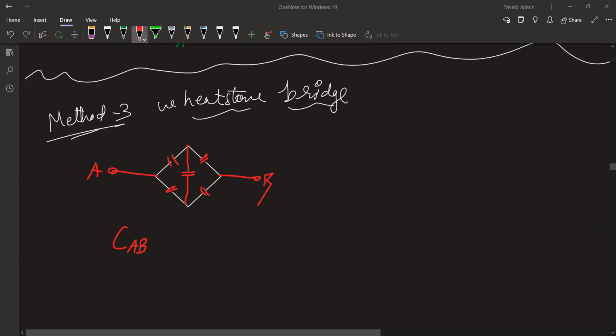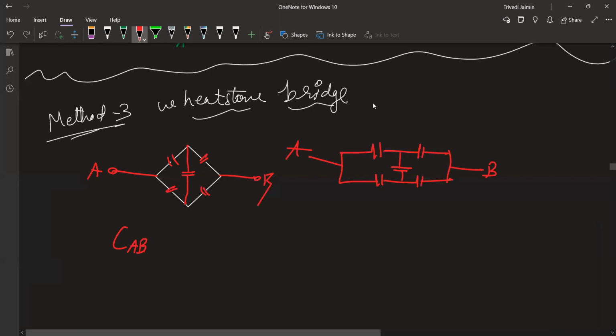Pawan? Sir, we'll take the left side and right side both as parallel. Both as parallel? Okay, so let me redraw this one. The diagram is like this, A and B. Now, how will you solve this?